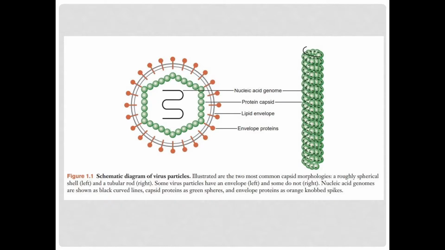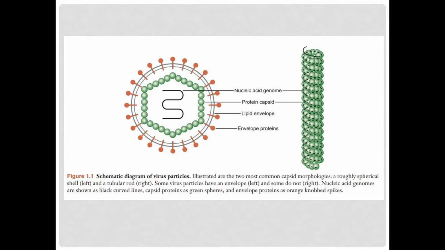This is the actual diagram where you can see the nucleic acid genome, and this is the protein core, and the last is the lipid envelope, and these are the envelope proteins. There are two common capsid morphologies: the roughly spherical shell and the tubular rod.